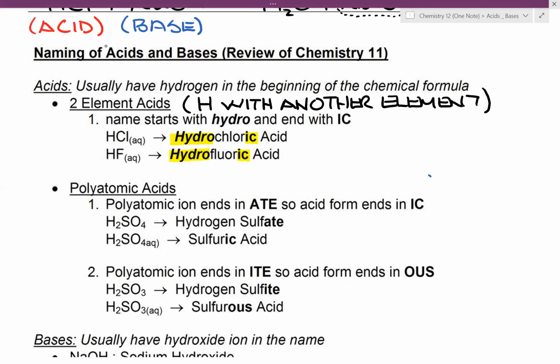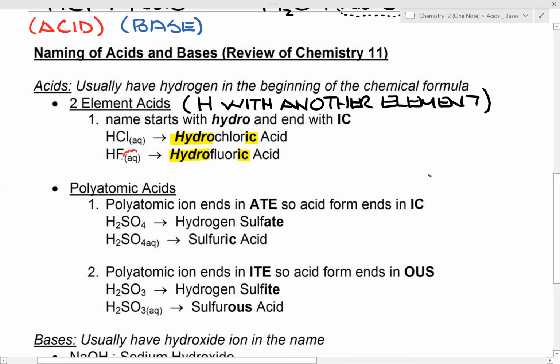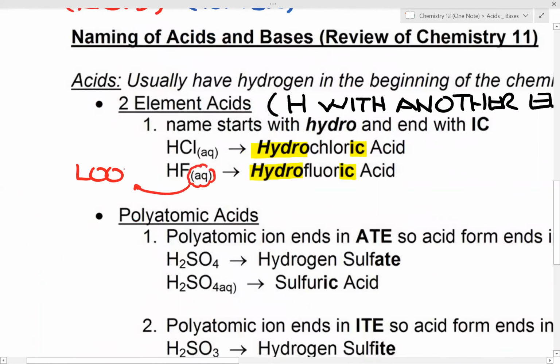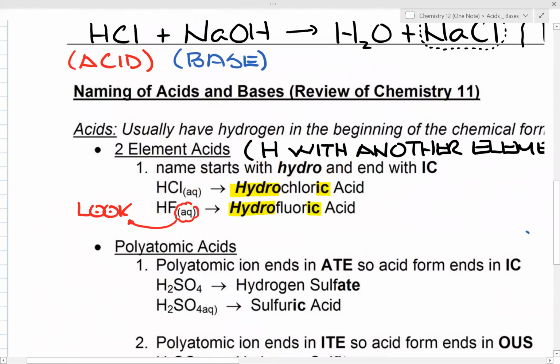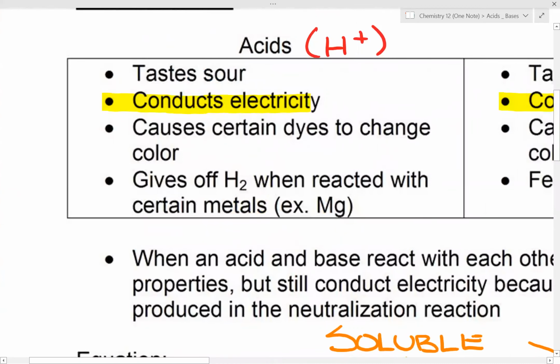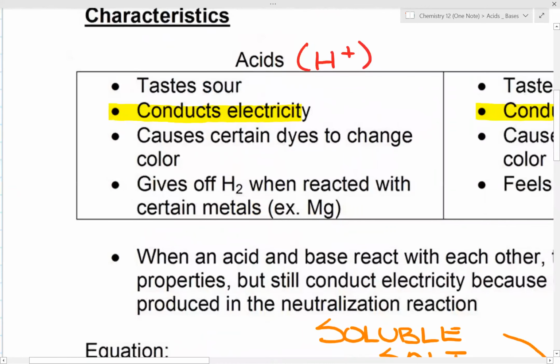Now, the one thing I would like you to be aware of is notice this AQ. Please be aware that these substances need to be in water to be considered an acid, to have these characteristics of being sour, conducting electricity, and so on.